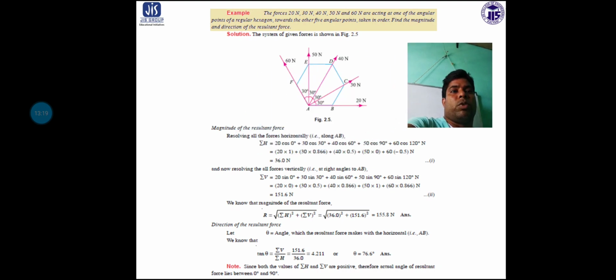Here is another problem, an application problem of resolution of forces. Forces of 20 Newton, 30 Newton, 40 Newton, 50 Newton and 60 Newton act at a point A, at the angular points of a regular hexagon towards the other angular points, taken in order.